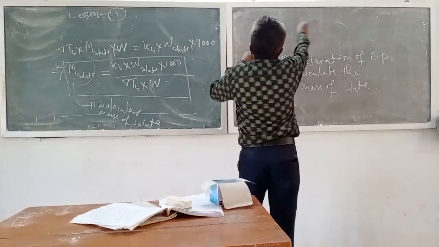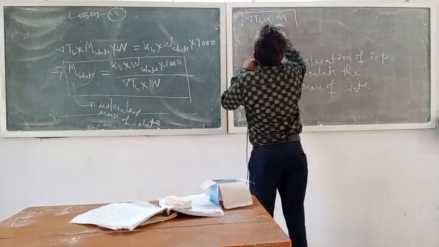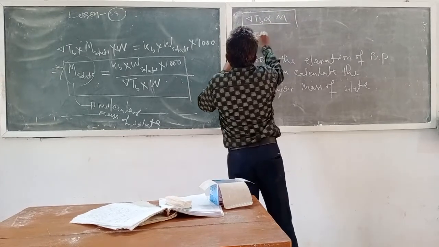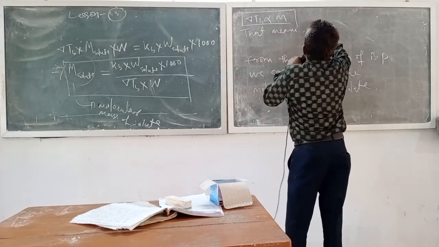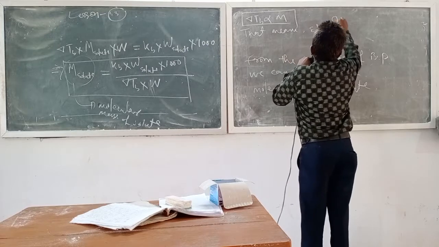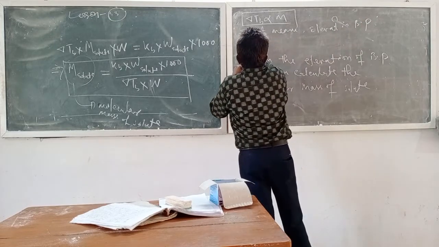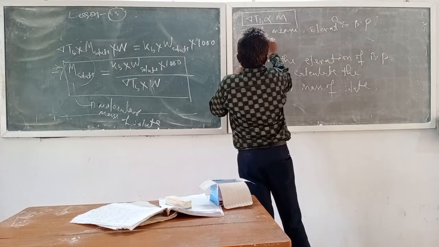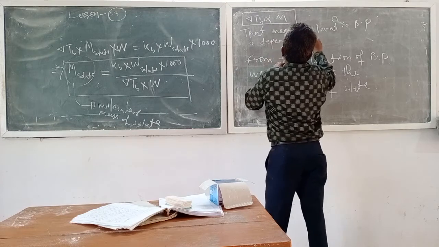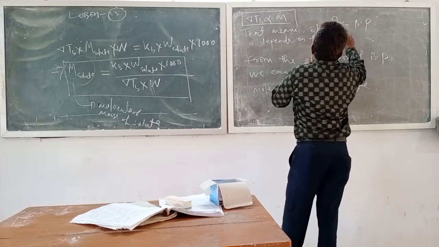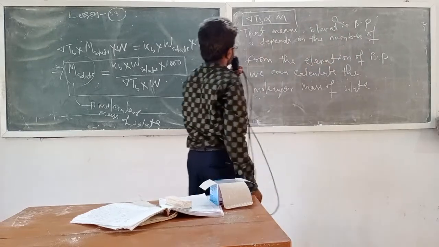And we know that delta TB is proportional to m. That means elevation in boiling point depends on the number of solute particles.